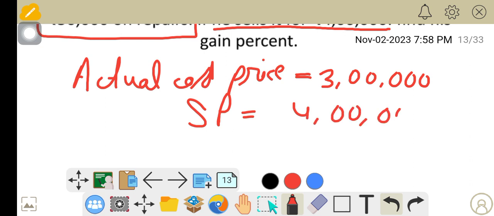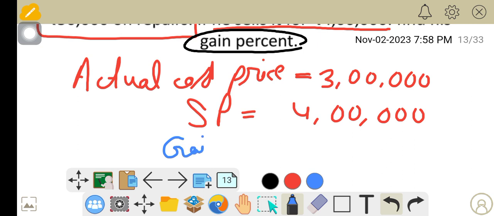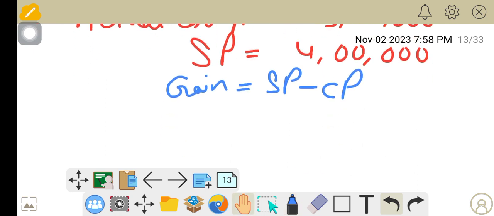So we can see that selling price is higher than cost price, so it is the case of profit or gain. And we can also see that the question is asking for gain percent. So first of all, we need to calculate gain, and gain can be calculated by SP minus CP, 4 lakh minus 3 lakh, it will be 1 lakh rupees.